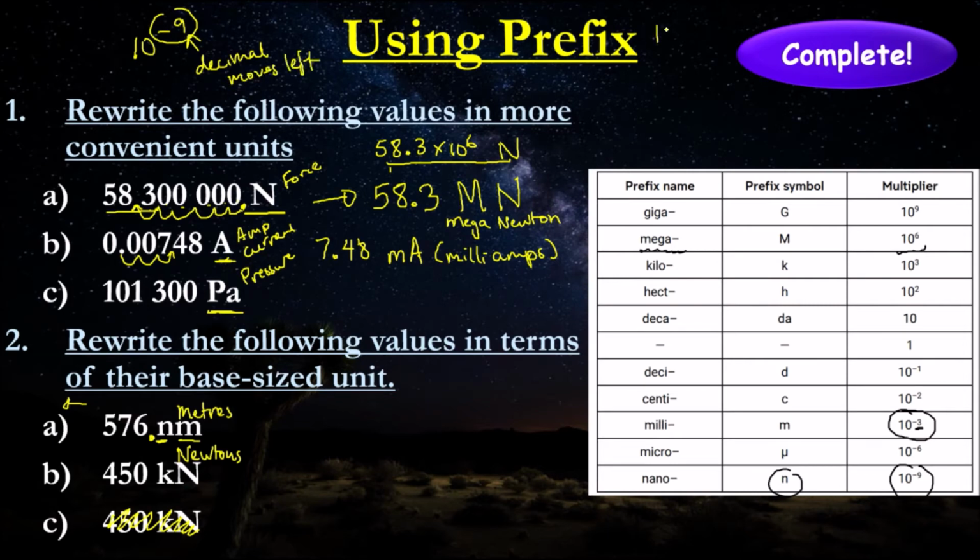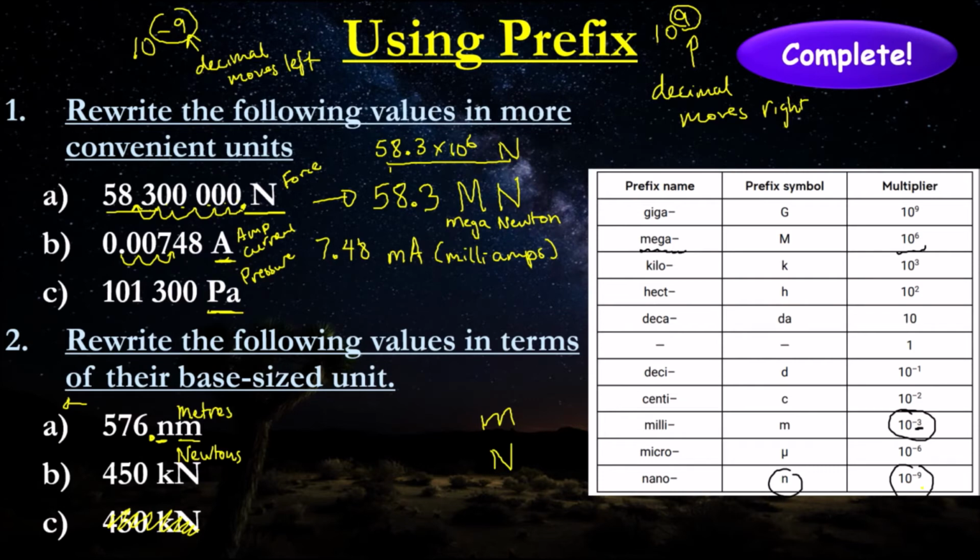If we get a positive indice, the decimal moves to the right. And what we mean by the base unit, the base unit we want at the end is in meters. So we're going to express this in meters. We're going to express this in newtons.